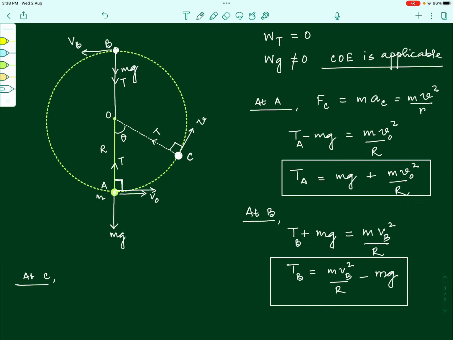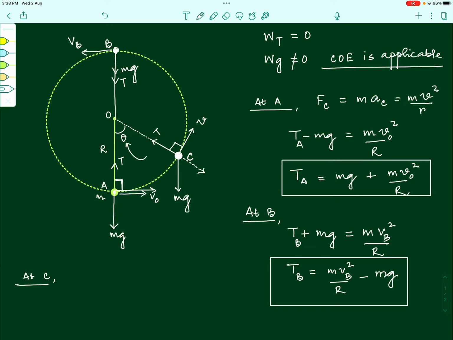At the point C, if you see carefully, mg is acting vertically downward like this, right? Tension is acting in the radially inward direction like this. And now if you try to take the net force towards the center O, you will have to consider the component of mg.